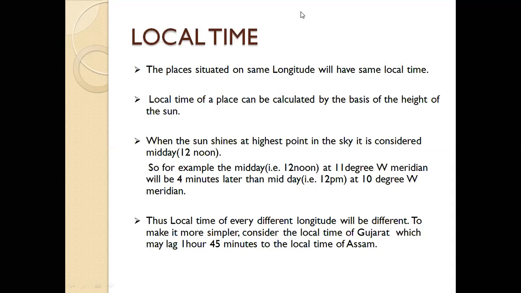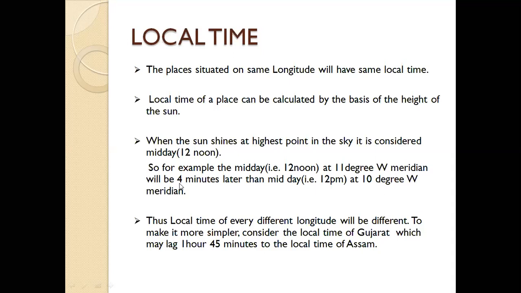Fine. Or we can say by the shadow cast by the sun. So when the sun shines at the highest point in the sky, it is considered midday, that is 12 noon.